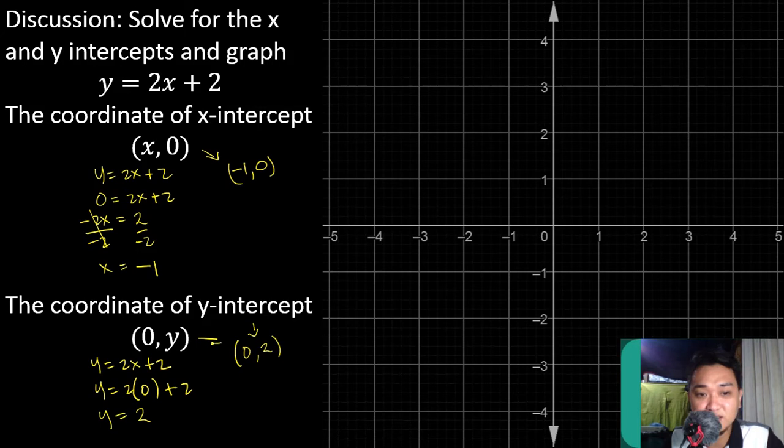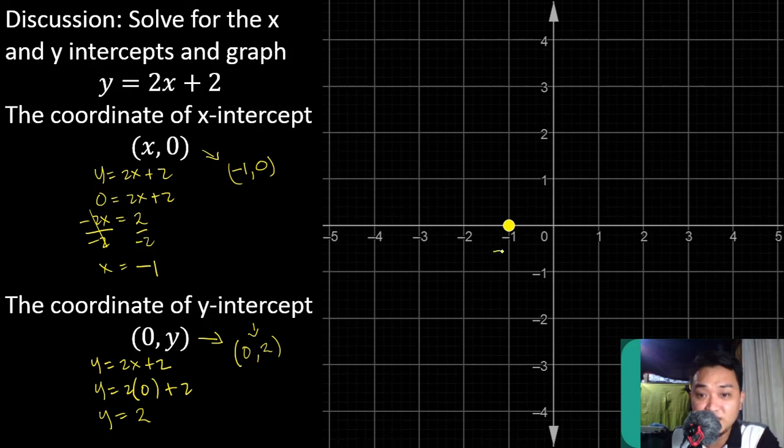Ayan. So, ika ko pa nga, pag x-intercept, 0 si y. Pag y-intercept, 0 si x. Ganun po. Now, let us now plot those points and then connect them. So, you have the x-intercept, which is negative 1, 0.